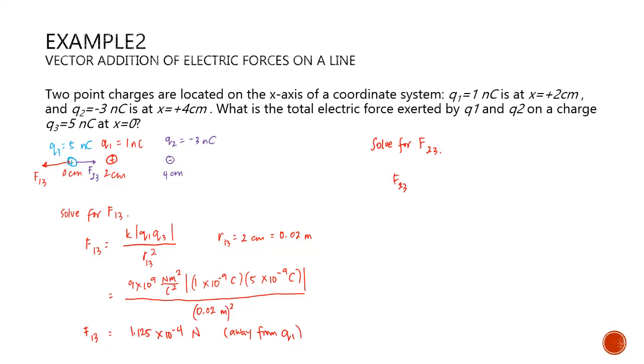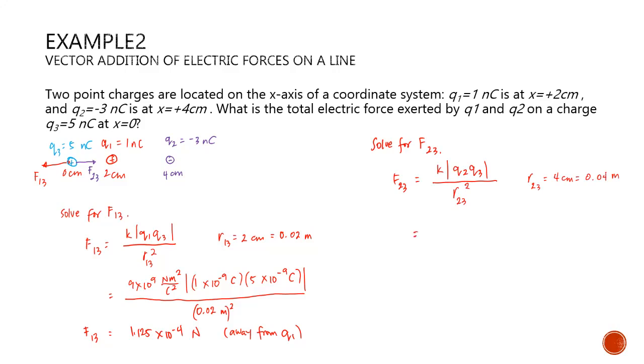So for F sub 2, 3, it's K times Q2 times Q3, over the separation distance between 2 and 3. So R sub 2, 3 is between 0 and 4 cm, so that's 4 centimeters, or in meters, it's 0.04.